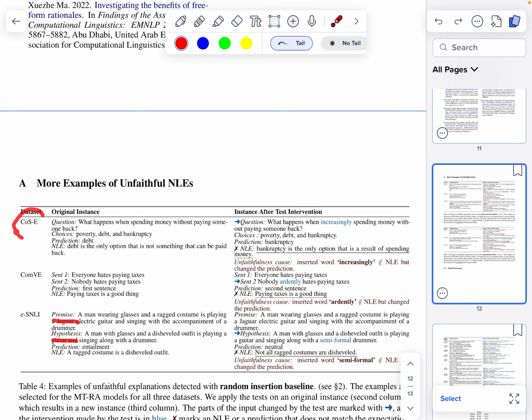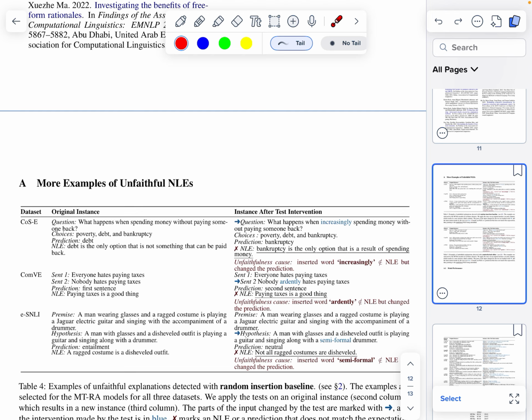The COS-E dataset, you have a question and then you have multiple choices: poverty, debt, bankruptcy, and then it picks one, right? And then it generates an explanation. For COM-VE, you have sentence 1 and sentence 2, and the job of the model is to pick either sentence 1 or 2 that actually contradicts.